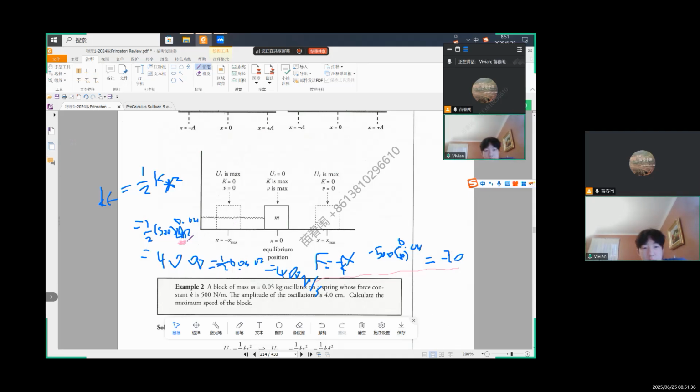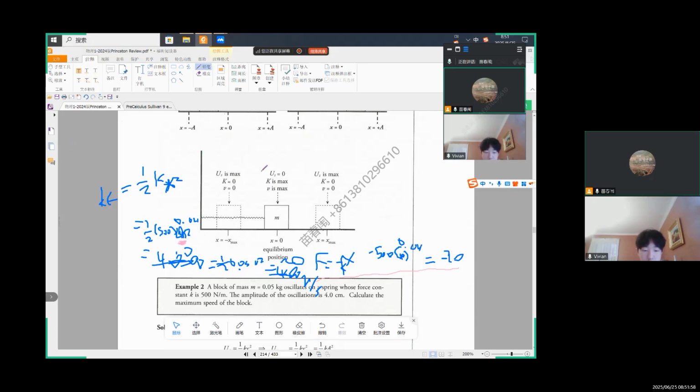Oh, so then this would be 10. Yeah. Oh, so it'd be 20 meters per second. What do you mean, 1 second?